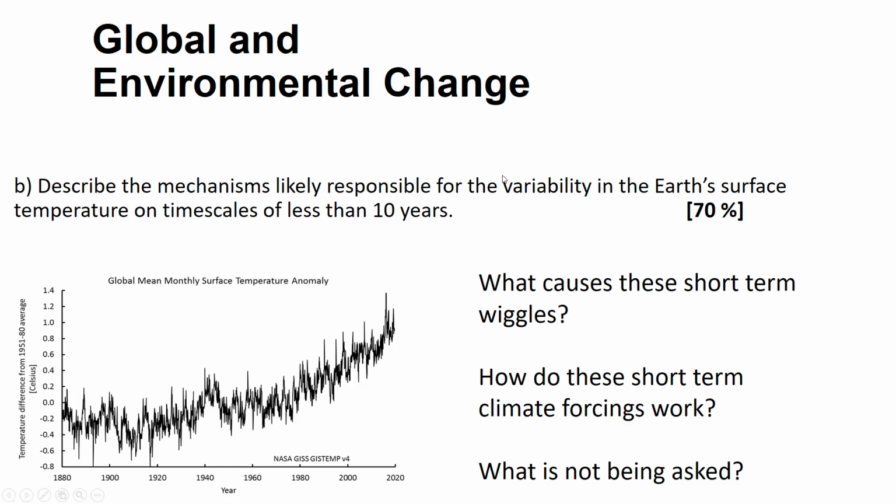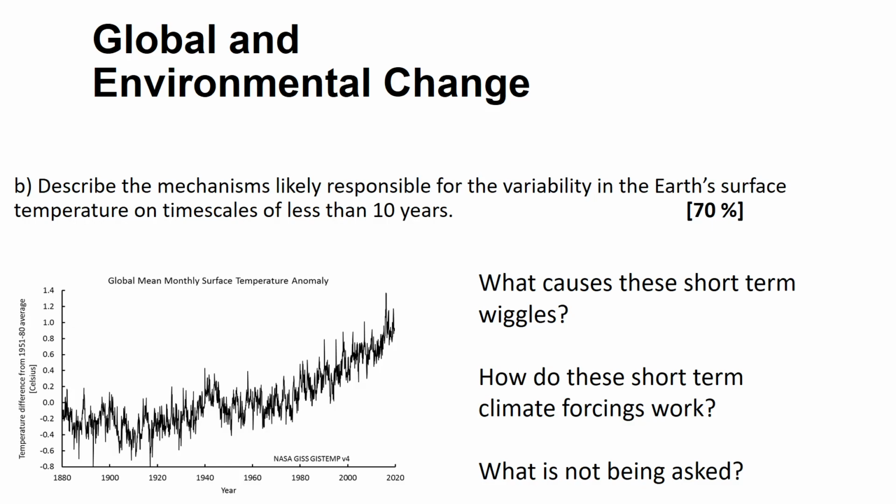Okay, so if we're looking at the variability, we're looking at these little ups and downs on very short timescales. Some of these lumps lasting a few years, some of them less than a year, zipping up, zipping down. What is causing the noise in this climate record?